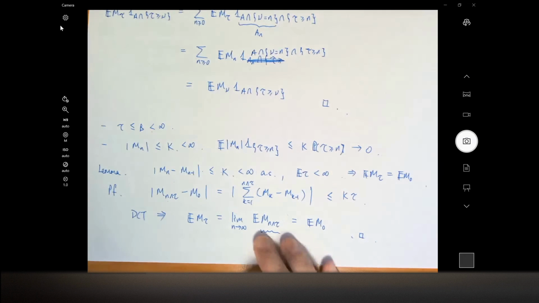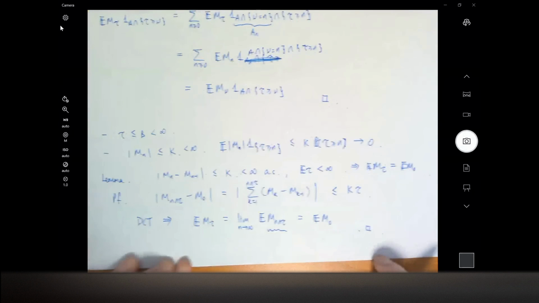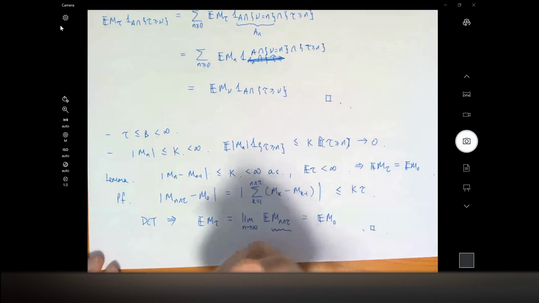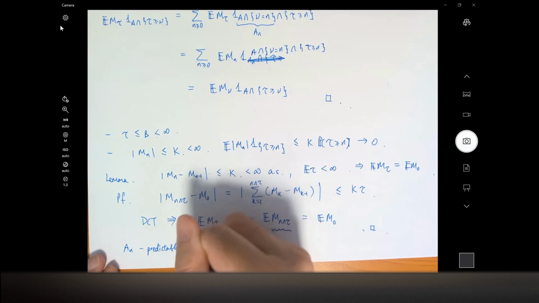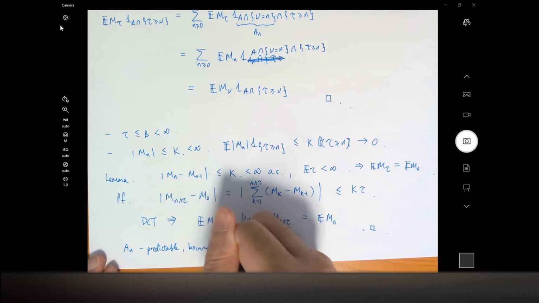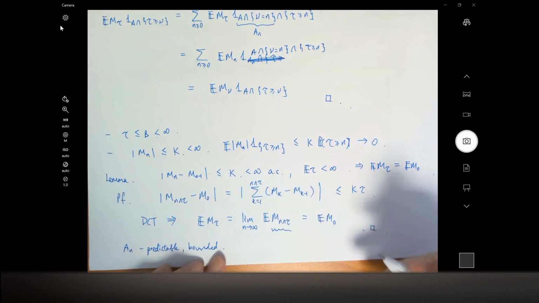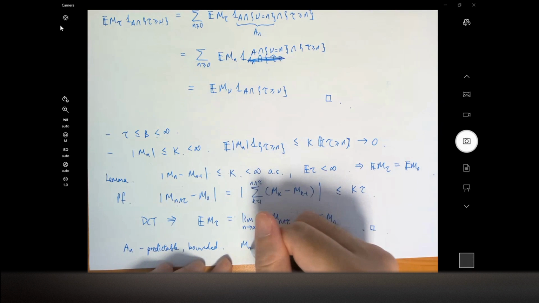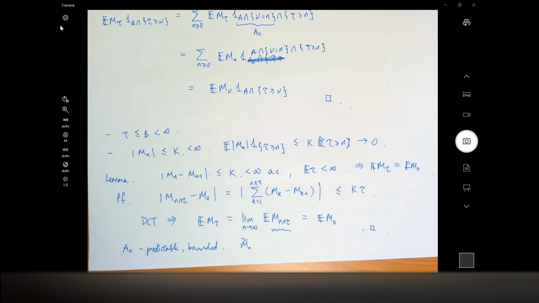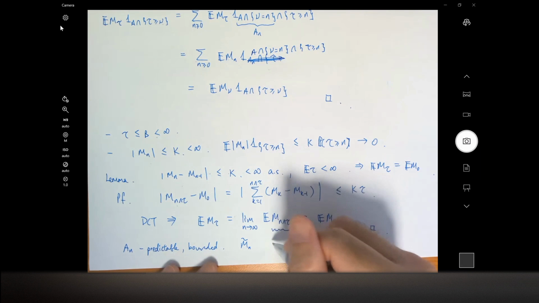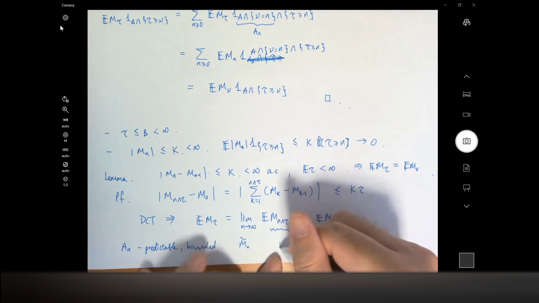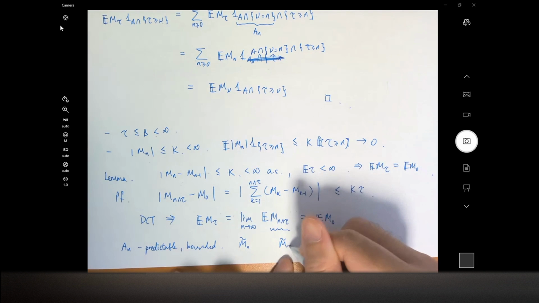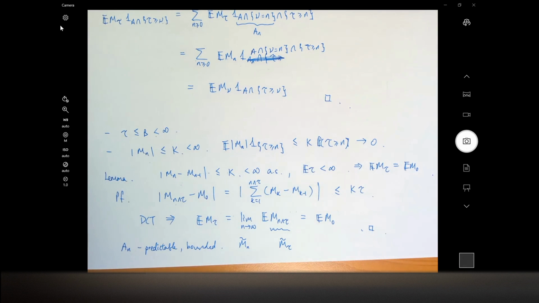And moreover, in this case, you can also get stronger results that say that if now I have an An which is predictable and bounded, then remember your martingale transform, right? So your martingale transform will also, we know that this is a martingale, but how about the martingale transform evaluated at tau, right?